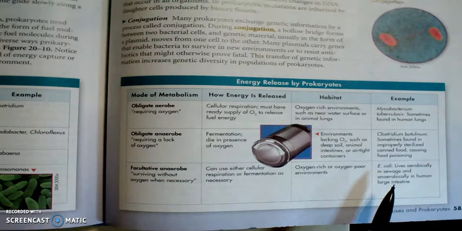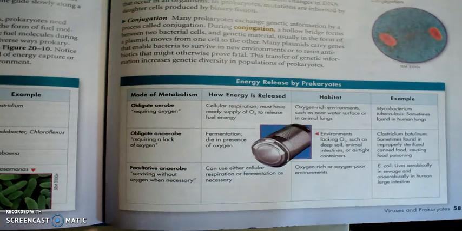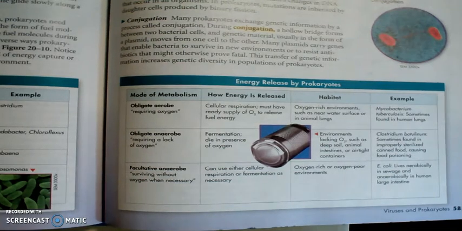Lives aerobically in sewage and anaerobically in human large intestine. So when food has an E. coli contamination, that means it has come out of an animal and is living aerobically on top of the vegetables. So those are the ways that energy is released by prokaryotes.